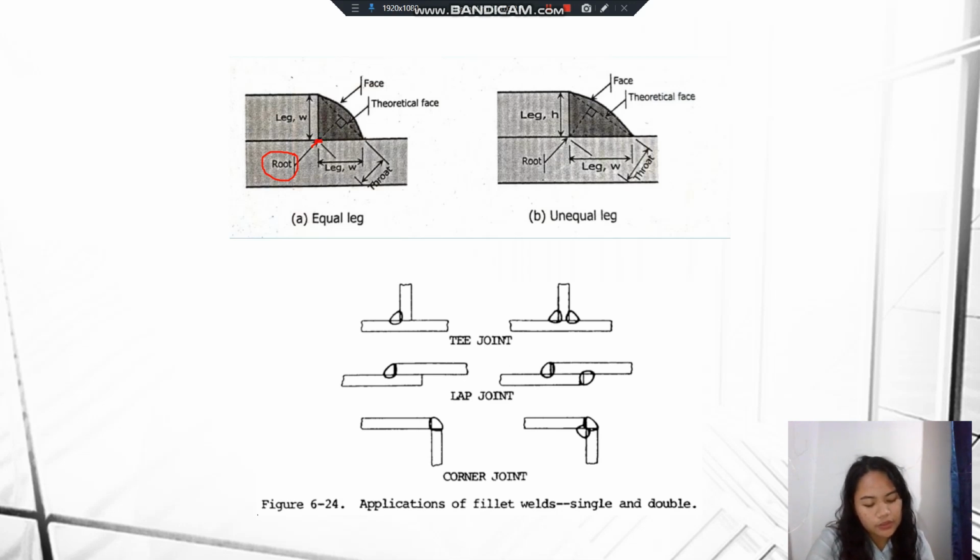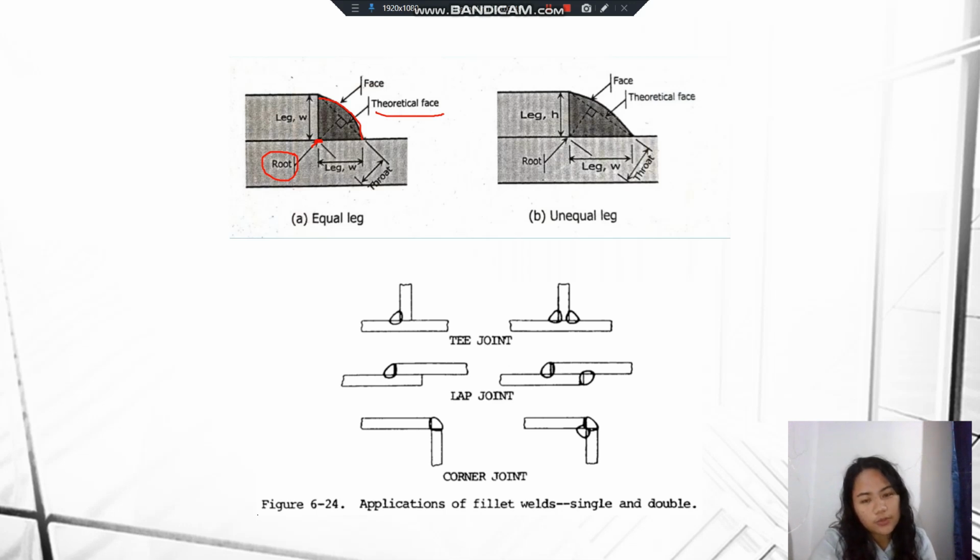So the surface of the weld should have a slight convexity. So ito convexity. And in computation of the strength of the weld, however, this convexity is not taken into account and the theoretical face here is used.